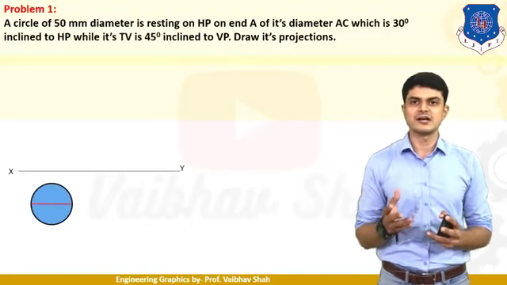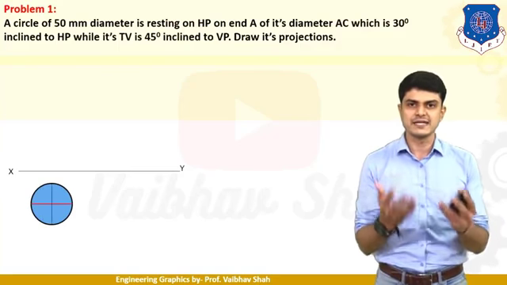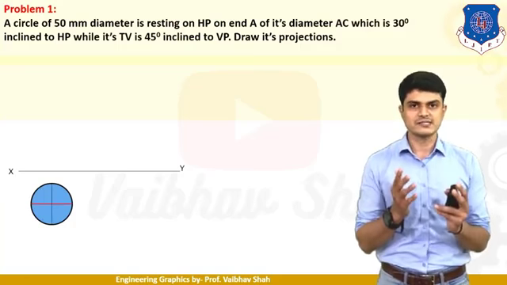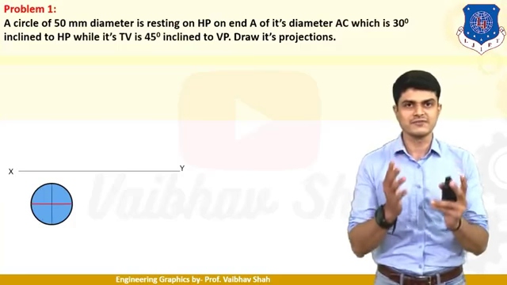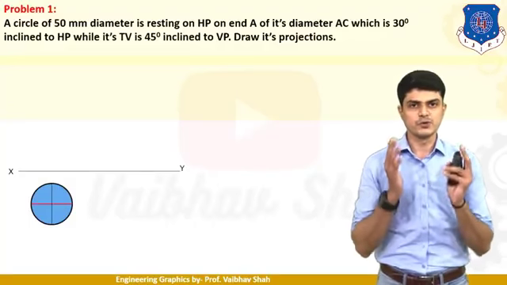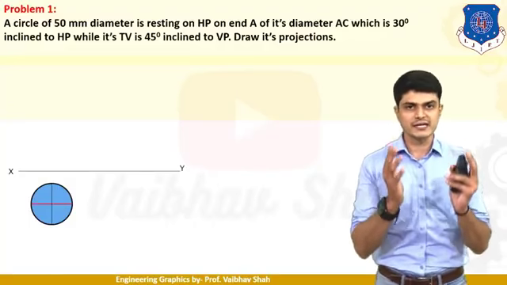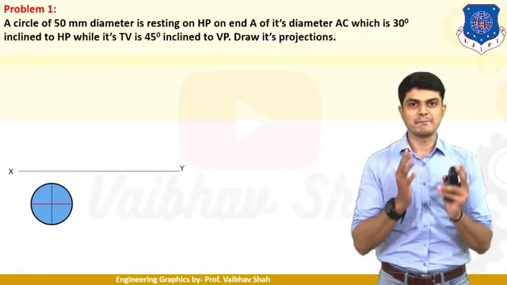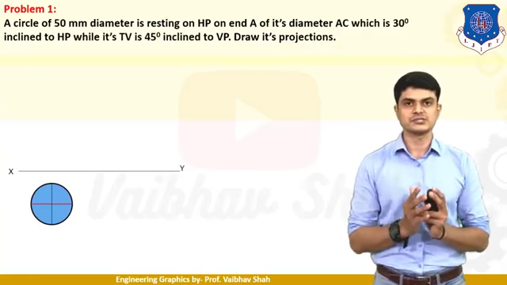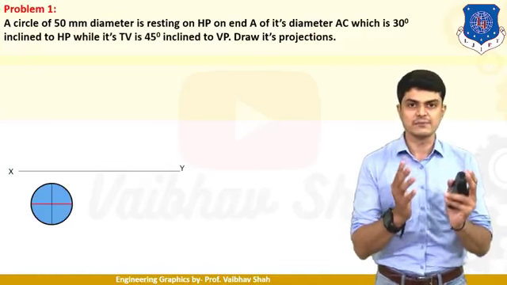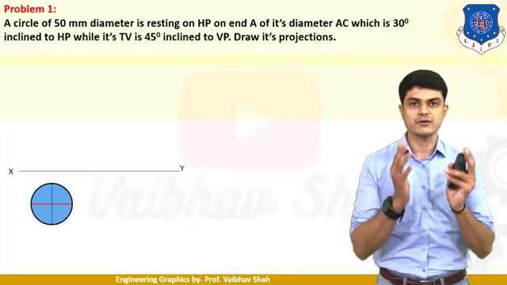Thereafter, let us divide the circle into 4 equal parts, or 8 equal parts, or you can say 12 equal parts. I would suggest for accuracy purposes, always divide the circle into 8 equal parts or 12 equal parts. If you don't know how to divide a circle into 8 or 12 equal parts, try to refer to my previous video on geometric constructions, and you can easily learn how to divide any circle into 8 or 12 equal parts.